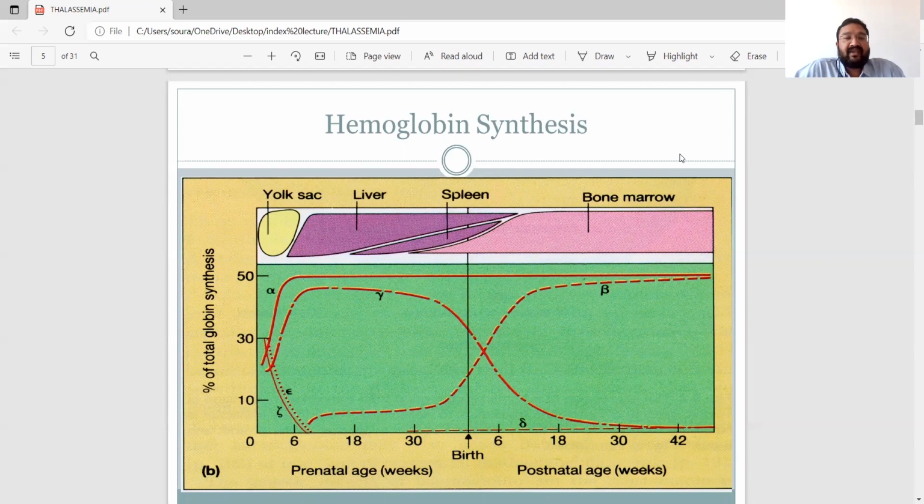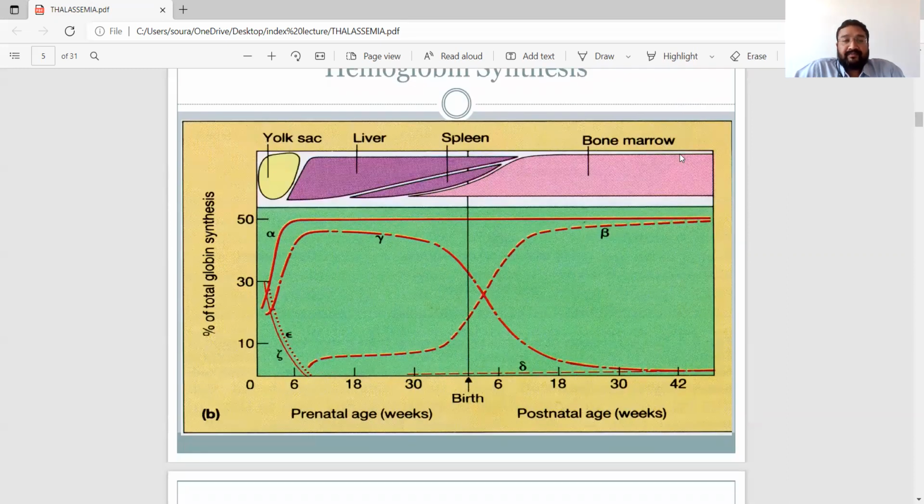So at the time of birth, the principal sites for the production of hemoglobin are the liver, spleen, and bone marrow. The switch of hematopoiesis from liver and spleen to bone marrow is completed at around 6 to 8 weeks of postnatal age. So during the initial few weeks after birth, hemoglobin F is the important hemoglobin molecule in the newborn.